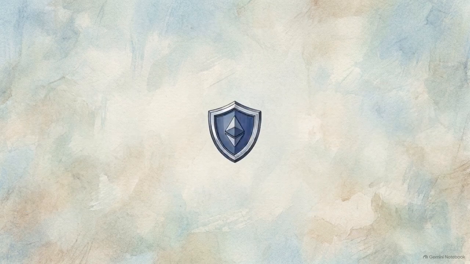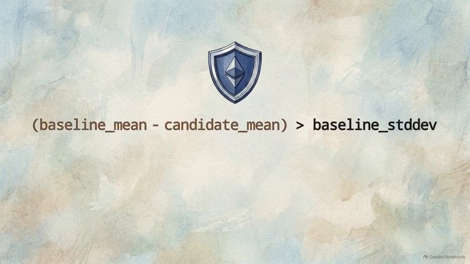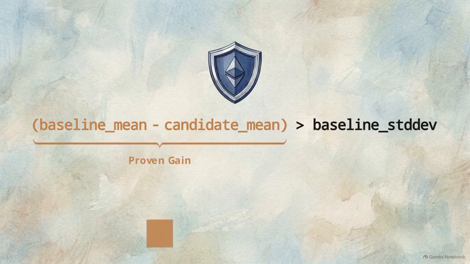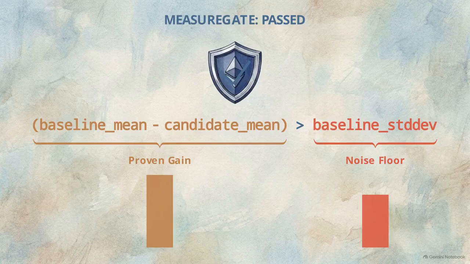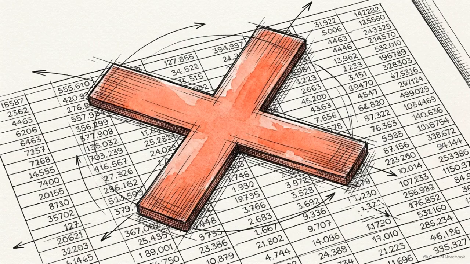This formula dictates the core commit condition. The candidate's mean performance must first beat the baseline mean by a predefined material threshold. Second, and most crucially, the measured performance gain must strictly exceed the baseline's own standard deviation.